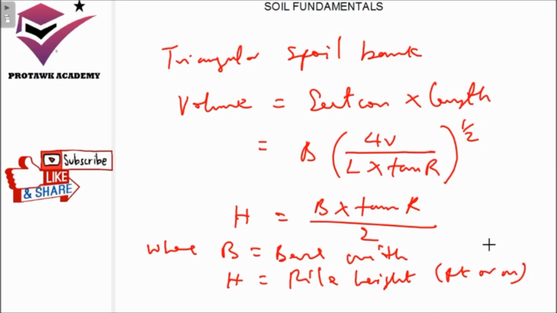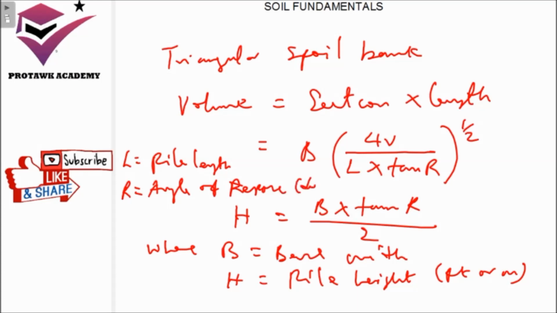Then the next thing we need to consider is L, which is the pile length. L is equal to pile length, and R is the angle of repose, which is in degrees. Okay, so V is the last parameter we have here.